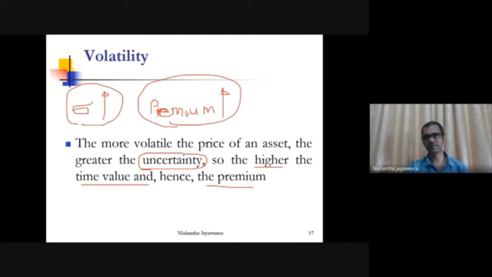I didn't mention whether it's for a call option or a put option. Irrespective of whether it's a call or a put, when the volatility of the underlying asset is high, premium is high. So that means time value is high. So time value increases. That's the relationship between volatility and the time value.